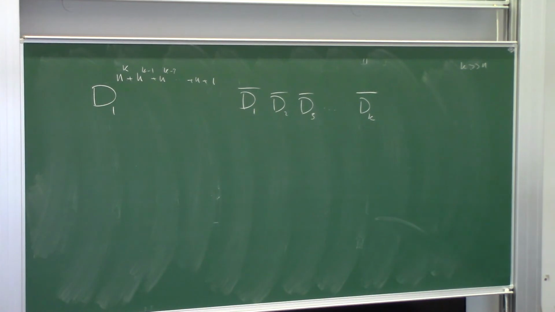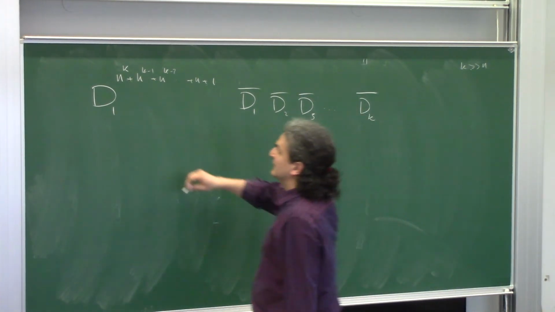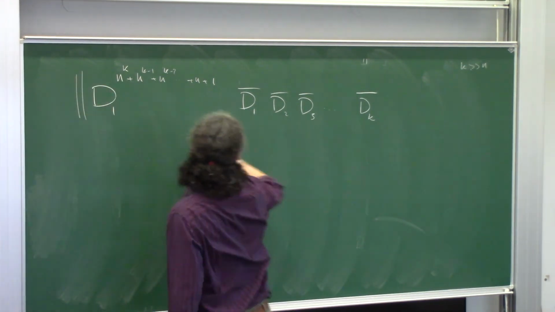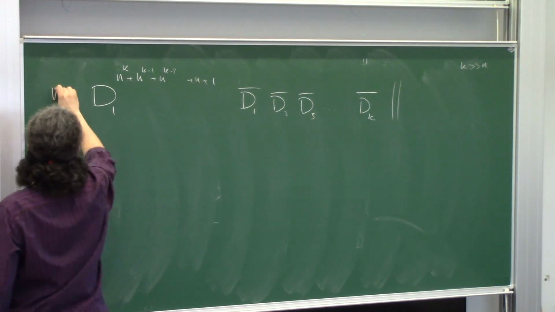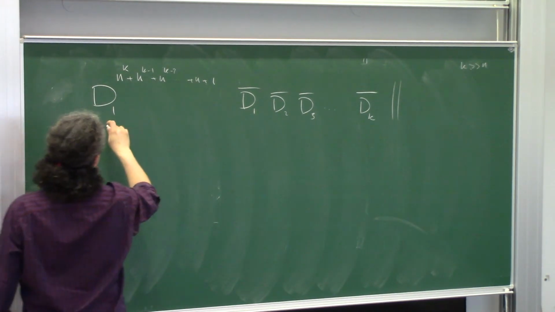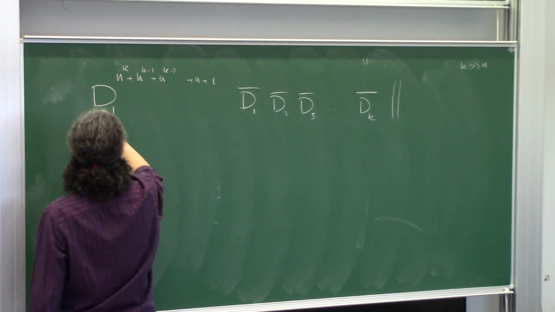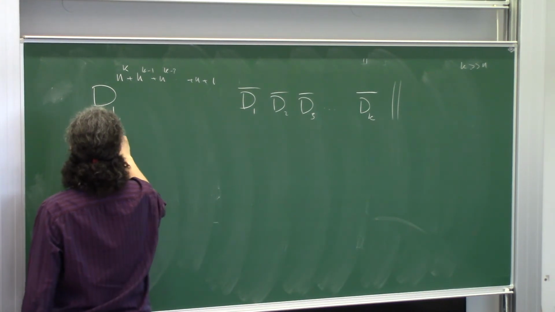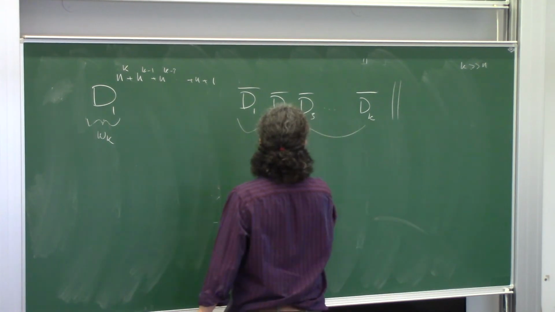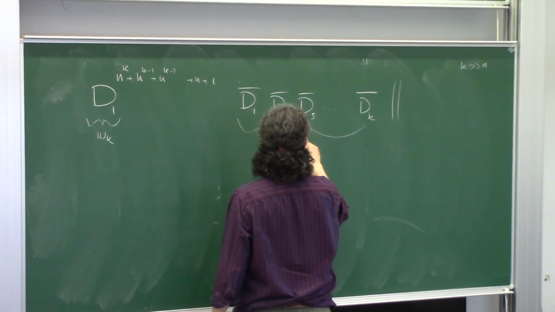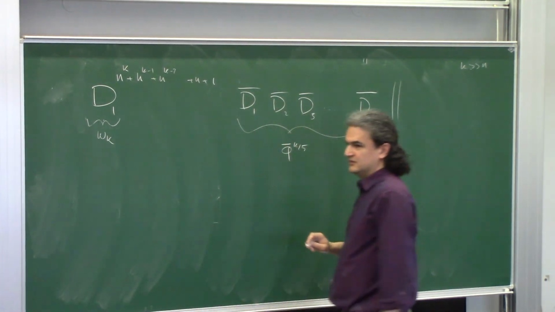So I'm saying that you can compute the word length of these. Why is that? In fact, let me call this word my WK, and this one is phi to the power of K over 5 inverse.